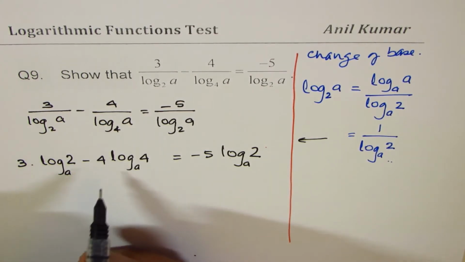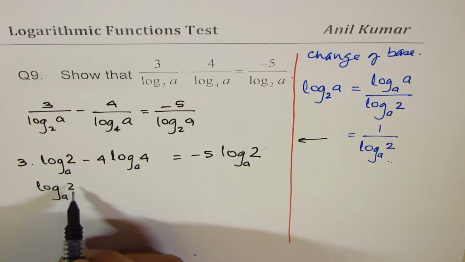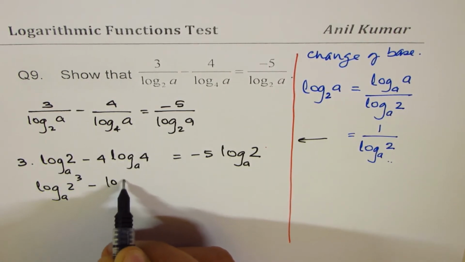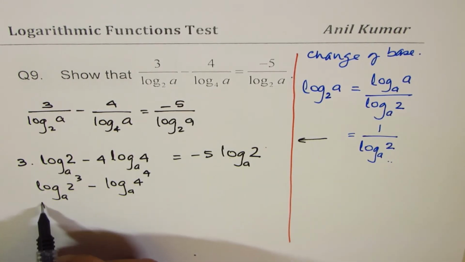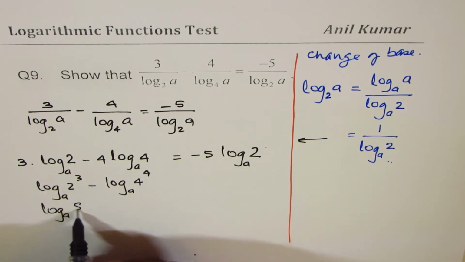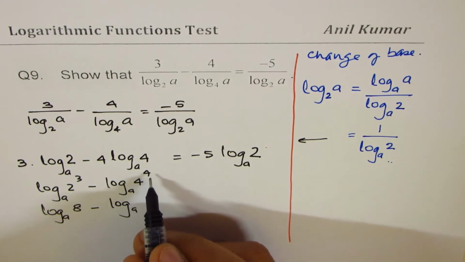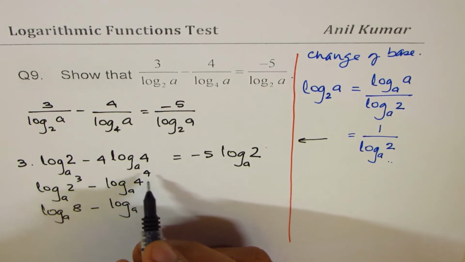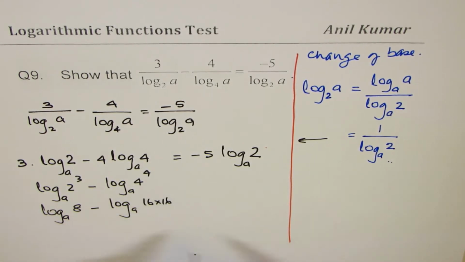So let's do the left side. We have log to the base a of 2 cube minus log to the base a of 4 to the power of 4. 2 cube is 8, so we get log a of 8 minus log a of 4 to the power of 4, which is 16 times 16. Let me write 16 times 16 here. We are not using a calculator at present.